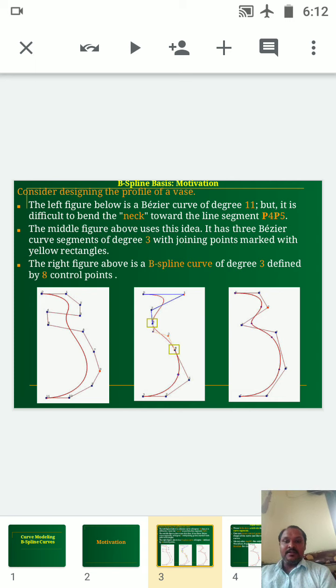Here in this figure, as you are shown, there are three figures. The first, left figure is the Bezier curve with a degree of 11, and it is difficult to bend at the neck, as shown in the first figure.